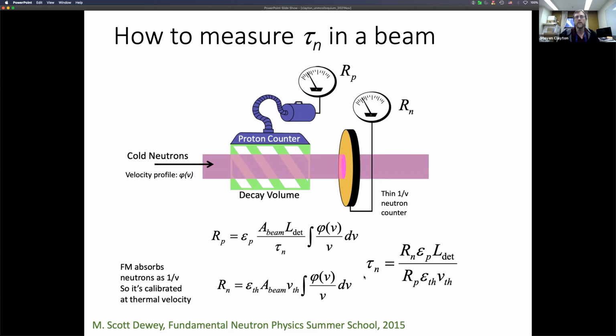So the ratio of these you can use to determine, basically these things cancel out, the velocity integral, and you end up with this. So you still have the efficiency of your proton detector and the efficiency of your neutron detector. And these have to be known absolutely, and that's the key challenge with this experiment: if you need to measure the neutron lifetime to 1 or 0.1%, then you need to know your efficiencies to something like 0.1%.